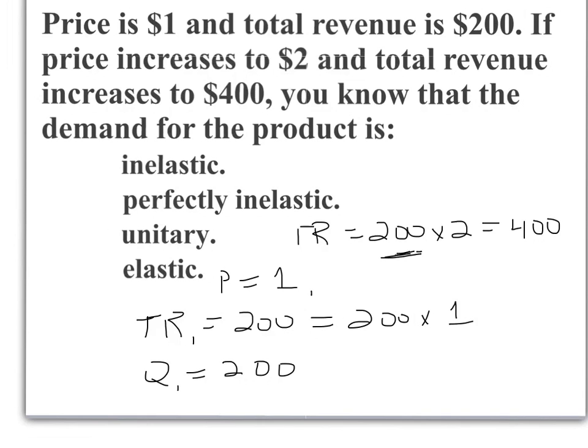But since the quantity stayed at 200, that was the only reason why the total revenue was 400. Since the quantity did not change as a result of an increase in the price, we can say that the elasticity has to be perfectly inelastic. That means that when the price increases, the quantity stays exactly the same. So the answer to the question is perfectly inelastic.